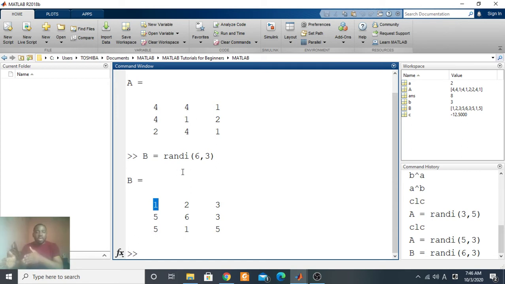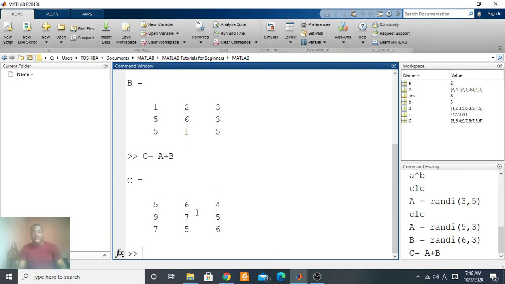All right. So basically, what are we going to get here? If I say A plus B, let me store it in a variable C. What are we going to get? You can see here, let's look this way. This will be 4 plus 1, the first item, to give us 5.